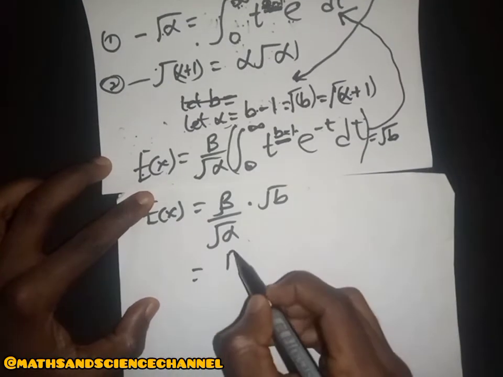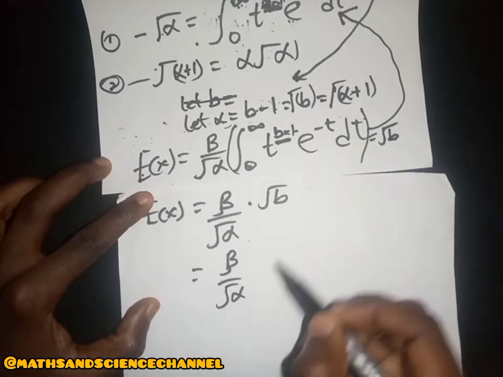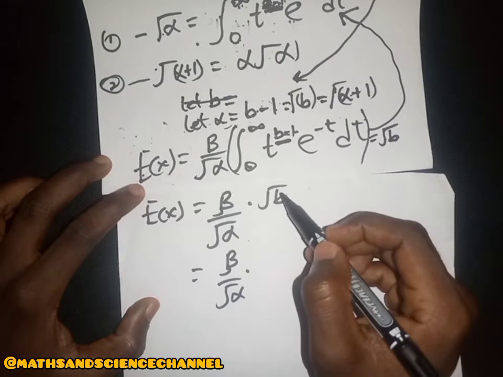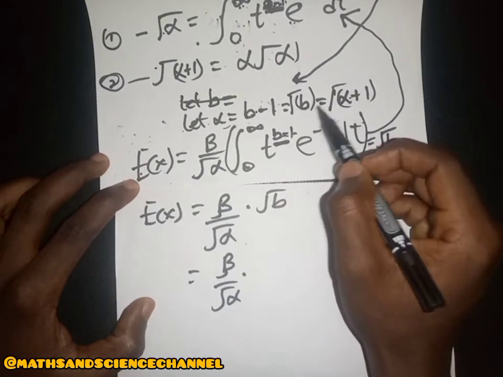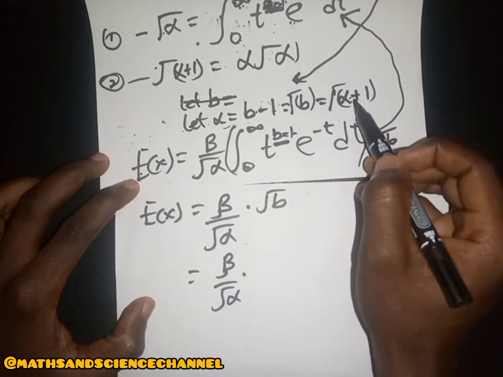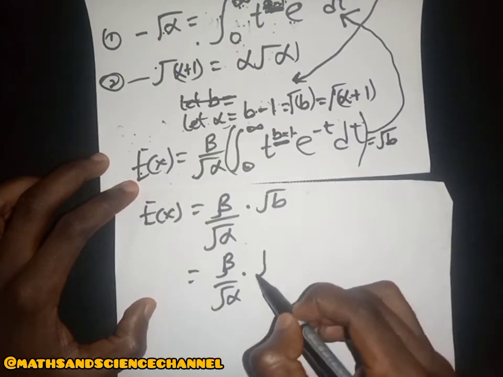If that is the gamma of b, then from what we did over here, we said the gamma of b is equal to the gamma of alpha plus 1, so we just replace that.